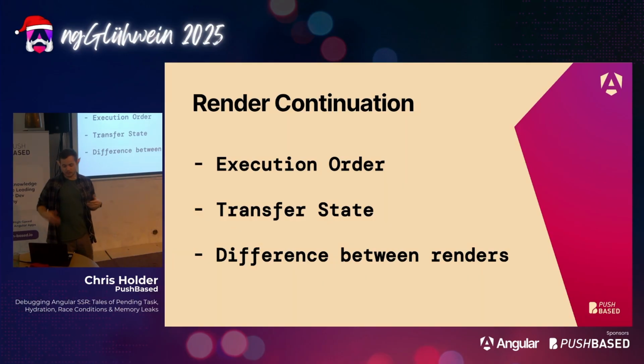So the question becomes, what causes these hydration breaks? Why would this not pair up? And the reason is pretty straightforward. The execution changed somehow. You didn't continue that render so that it was at the same state and could pick up from there, or you forgot to transfer some value.